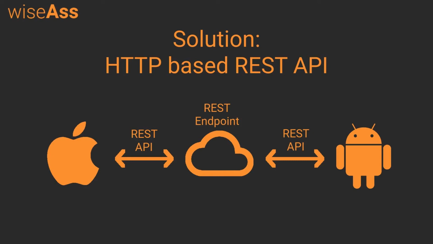Essentially we'll be demonstrating how we get our Android application to use a REST API to talk to something like GitHub, a REST endpoint, and communicate data between the server and the client.